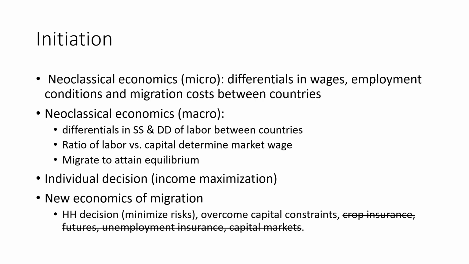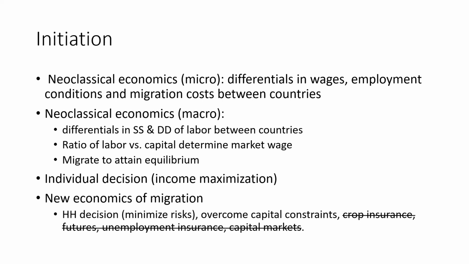So the new classical economics theory at the macro level focuses on the differentials in supply and demand of labor between two countries. If there is more supply in a given location and people in that location cannot get jobs, they are going to migrate to another location where there's a demand for their skills, expertise, knowledge, experience, and so on.